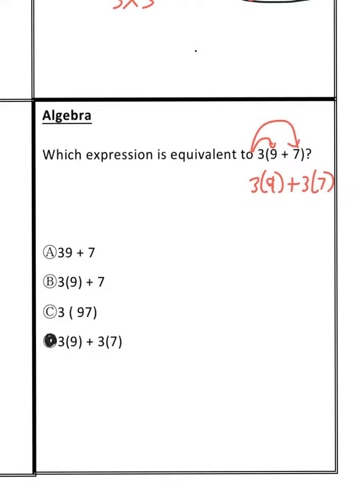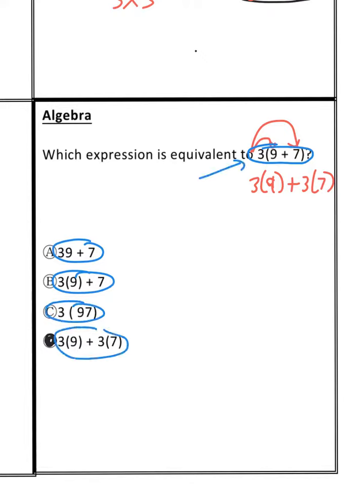Now, are you ready for the other trick? The other trick is to type each expression into the calculator. And the one that matches this one is equivalent. So let's say I type this one here, 3 times (9 plus 7). And if I do that, I get 48.